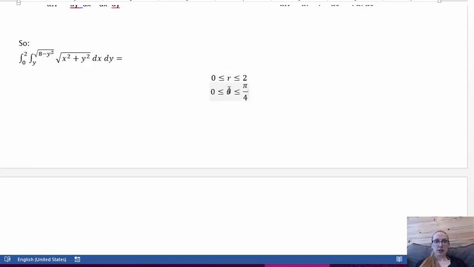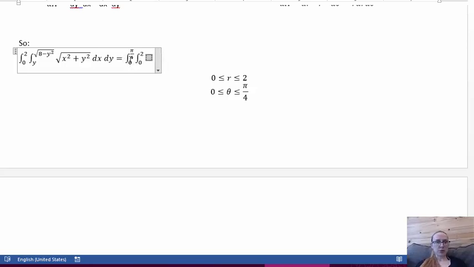So these are the bounds for r and theta. Both of these are constant bounds, so it doesn't matter what order you do them in. Usually, theta goes on the outside integral and r on the inside, because it's more common for r to be a function of theta than for theta to be a function of r. But it doesn't make a difference in this case.